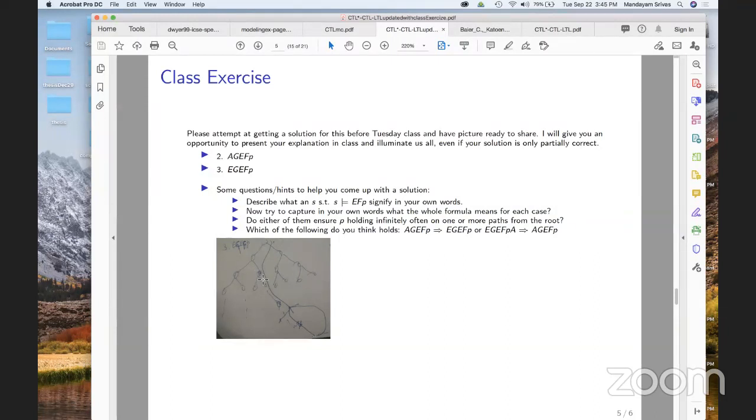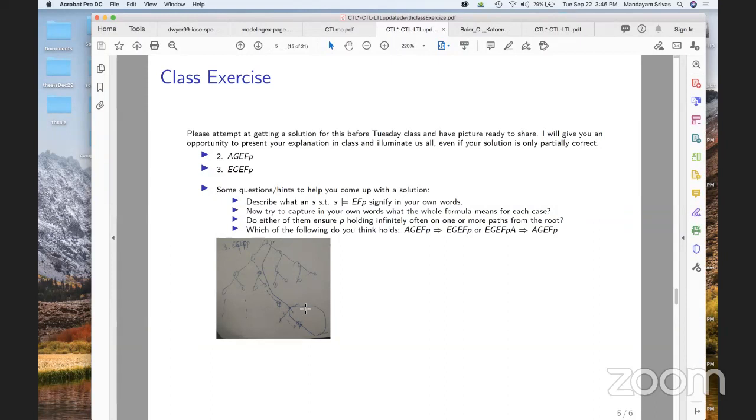As long as P holds good eventually on the other path, like here, it is okay. So on this path that I have marked, it is not necessary for P to hold good infinitely often, like I've shown here. It's enough that some other path has eventually P holding good. So the requirement is even weaker than what I have shown here.